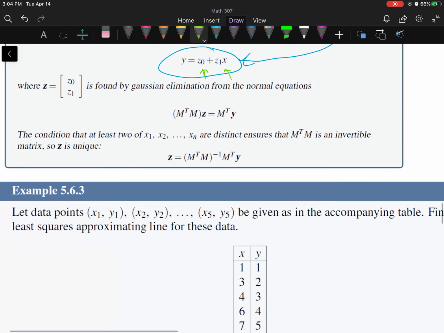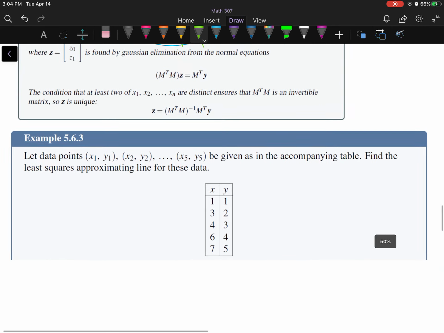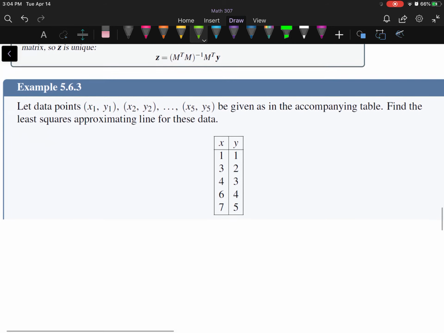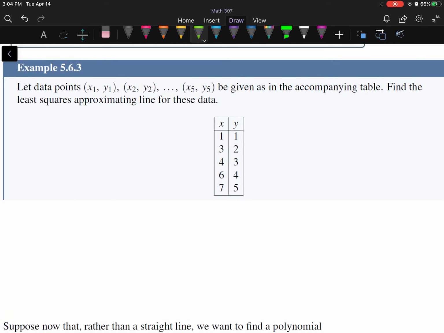Anyways, I think we should keep going with examples because that is kind of the best way to understand these, I think. Here, we're just given 5 different data points, and we're trying to fit a least squares approximating line here.